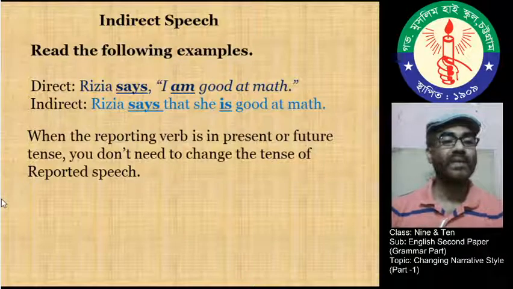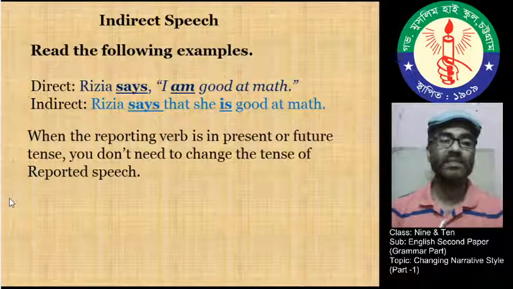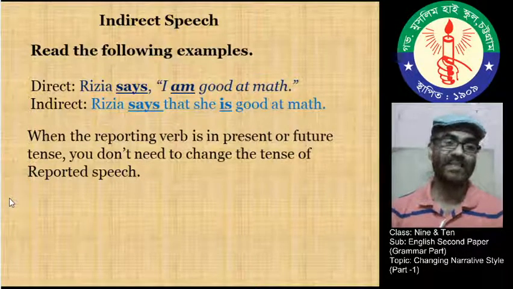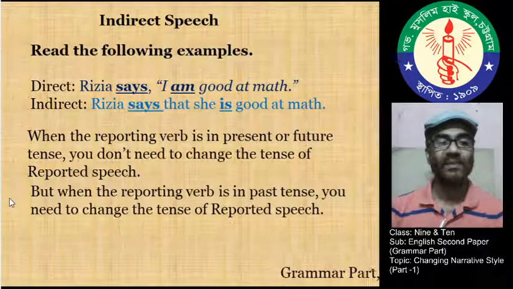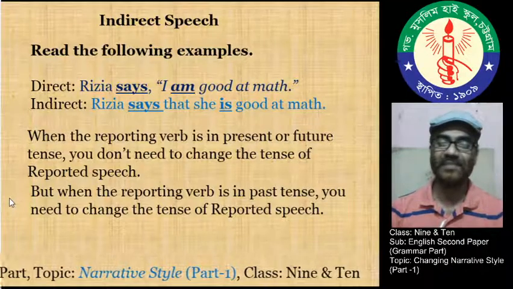So when the reporting verb is in present or future tense, you don't need to change the tense of reported speech, remember. Okay, but when the reporting verb is in the past tense, you need to change the tense of reported speech.